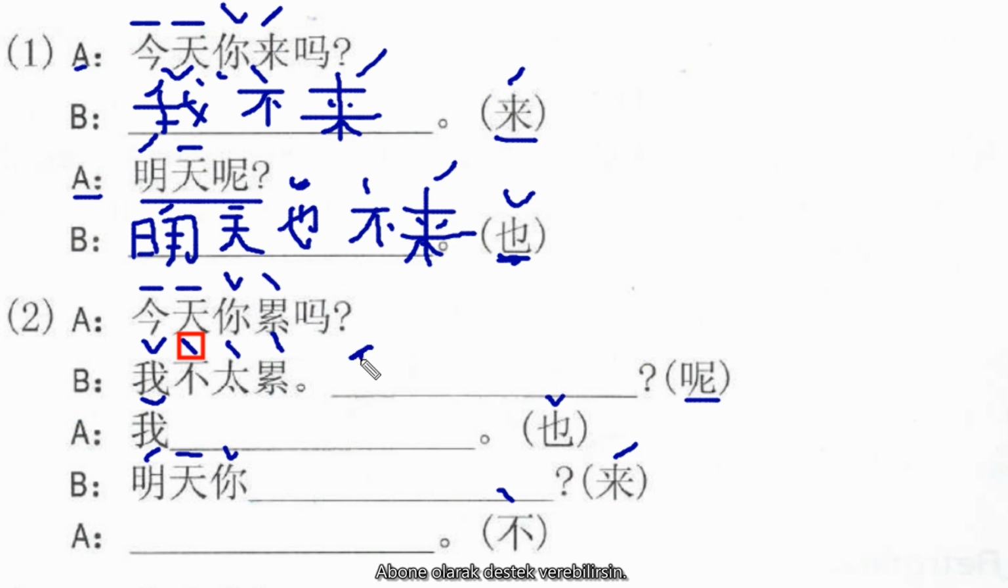你呢? What about you? Here we use 也, so our answer must be the same, right? So 我不太累. Here I should say 我也不太累.